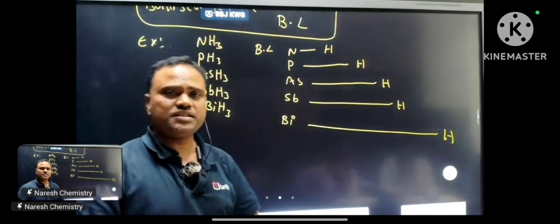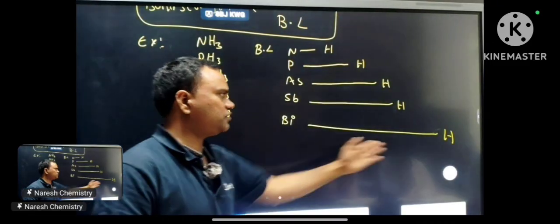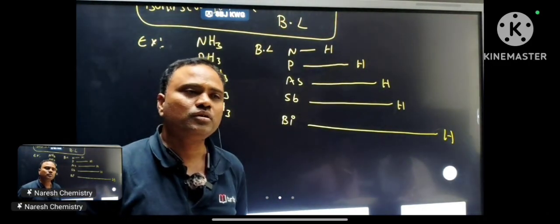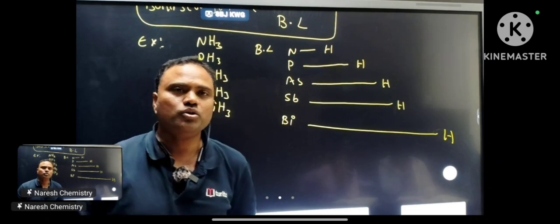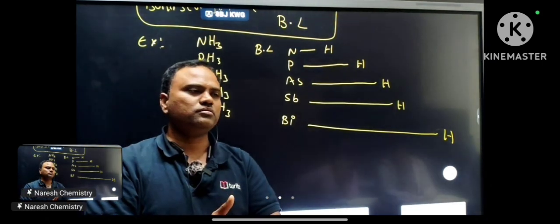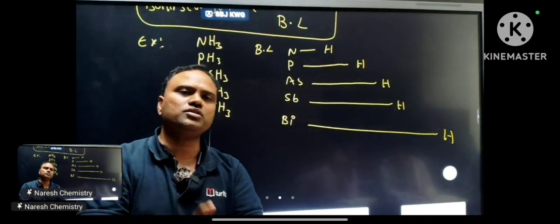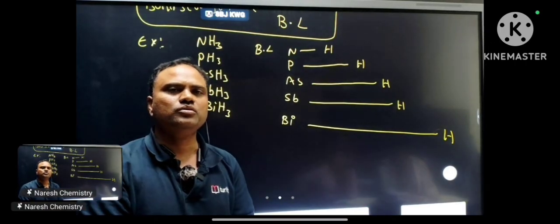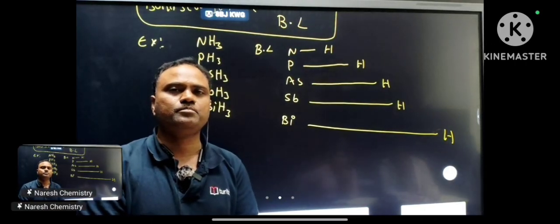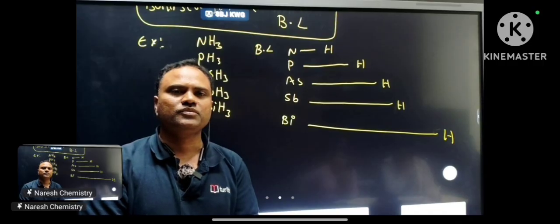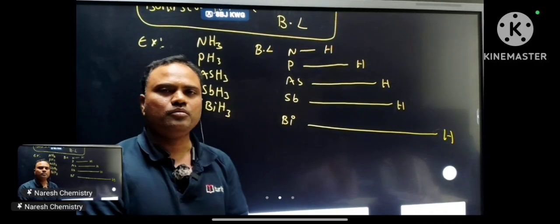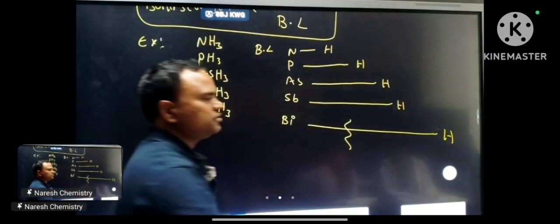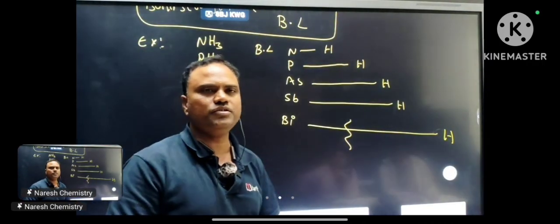Since the size is large, bond length is more. If bond length is more, then bond strength is less. You need not apply more energy. With less energy, you can break. Which bond can you break easily? Online students, which bond can you break easily? The bismuth and hydrogen bond. You can break this bond easily because the length is more.